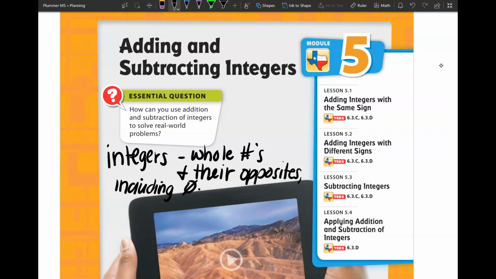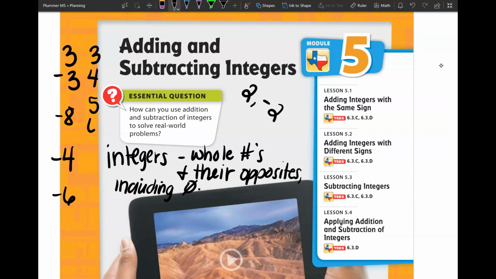So, for example, the numbers 2 and -2 are integers. The numbers 3, -3, -4, -6, and -8, those are all considered integers. Whole numbers are 3, 4, 5, 6. Those are also considered integers because, again, integers are whole numbers and their opposites, including 0. So that means 0 is also an integer.